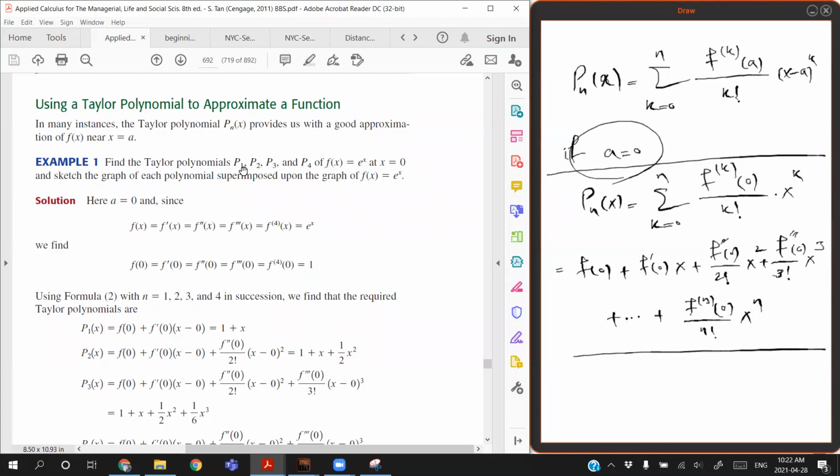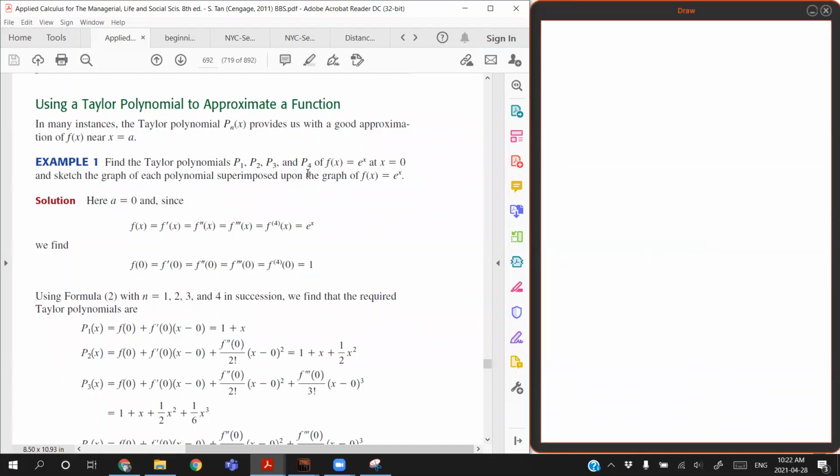That simply means that we need the first derivative, the second derivative, we need all the derivatives of this function up to the fourth derivative. So we're going to do this. We begin with the original function, f of x is e to the power of x. And for this function, we are lucky. The first derivative, the second derivative, the third derivative, all the derivatives are the same as the original function.